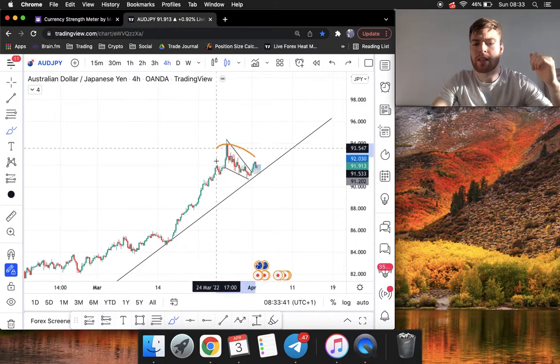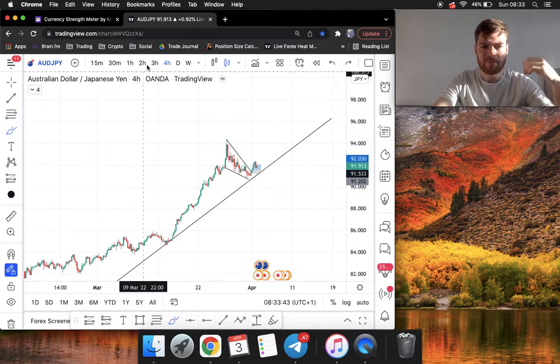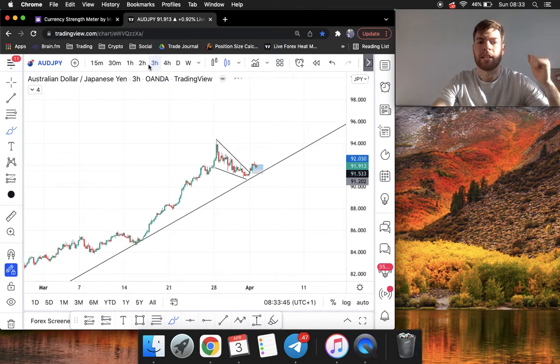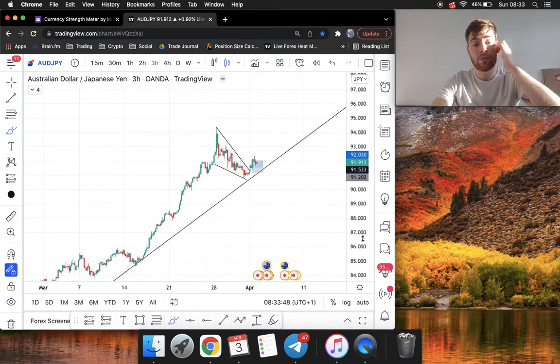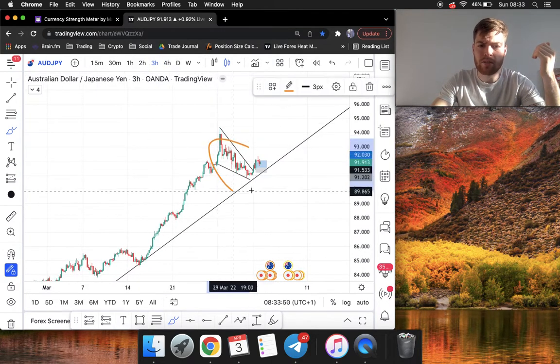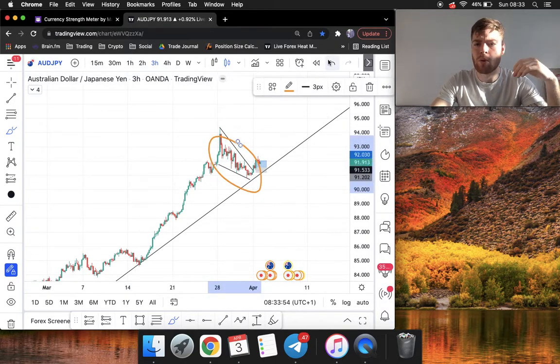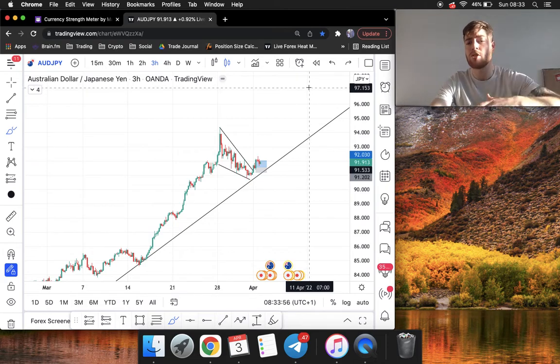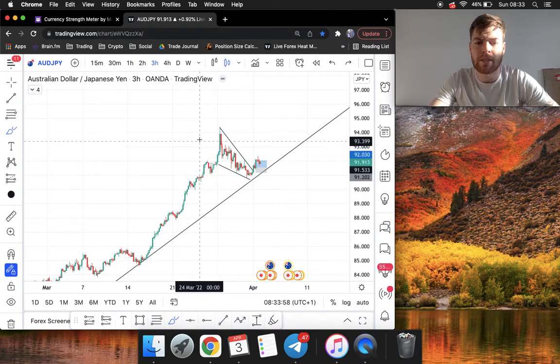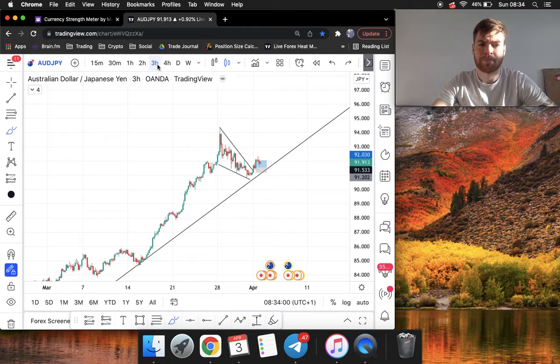It had just created this nice flag pattern, and as we go down to lower time frames, it's the same thing, just a little bit more zoomed in, but still pushing up.